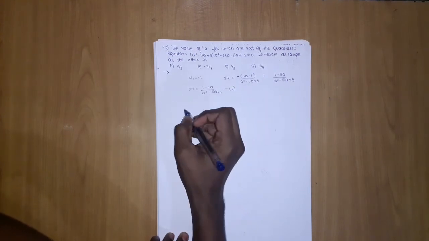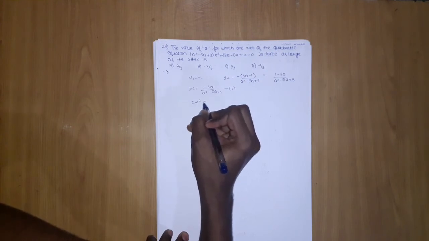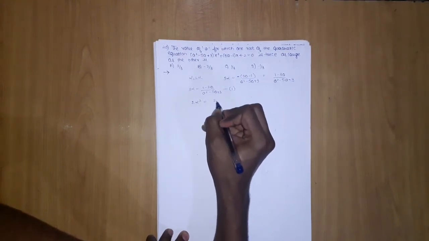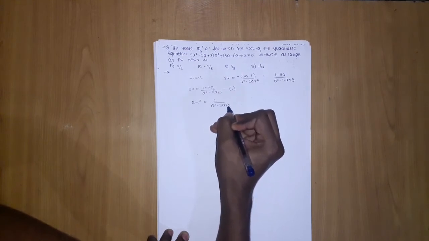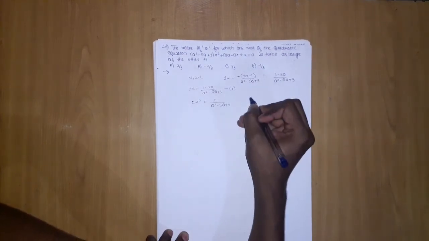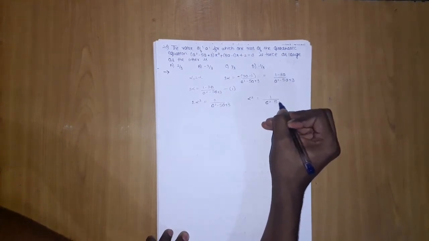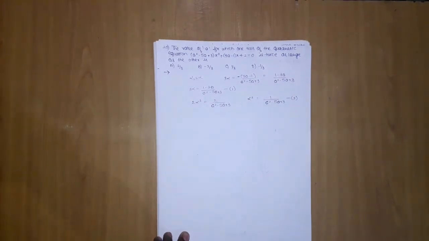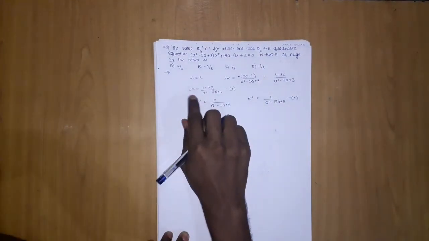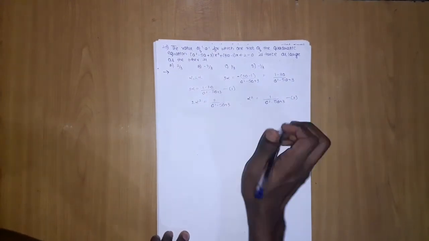Let's get the other, which is 2 alpha square. Okay guys, which is 2 upon a square minus 5a plus 3, and 2 will cancel out. This will become 1 upon a square minus 5a plus 3. Okay, now what can we do? If we take 3 here and square it, we can equate this part.